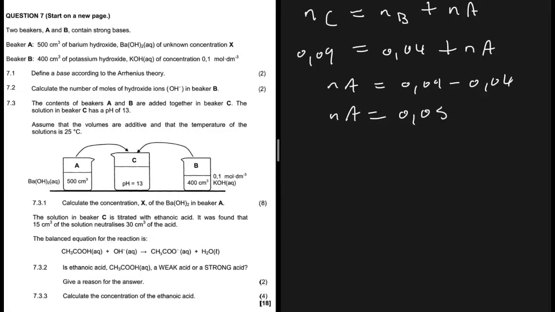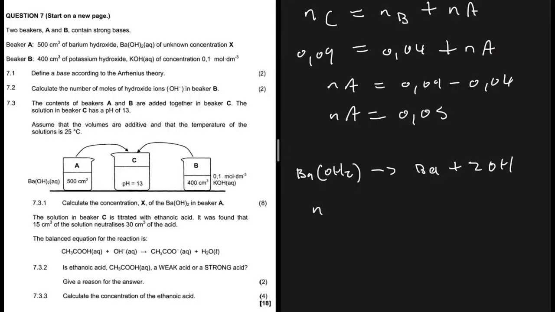So we can use that to calculate the number of moles of BaOH2. BaOH2, when it ionizes, becomes Ba plus 2OH, right? So we can see that the balancing coefficient is 1:2.